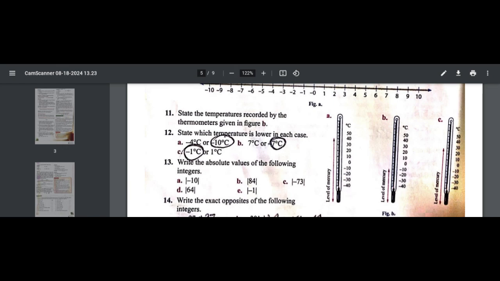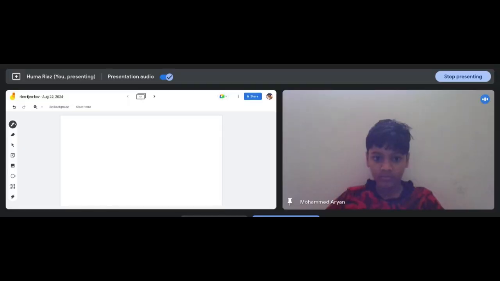Now we will move to the question number 12. You can do this question on your textbook. State which temperature is lower in each case. You have to find the lower temperature. For minus 4 and minus 10, minus 10 is lower. For 7 and minus 7, which one is lower, Aryan? Then minus 7 is lower.